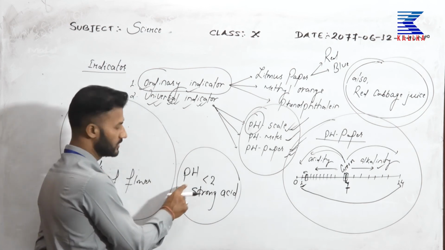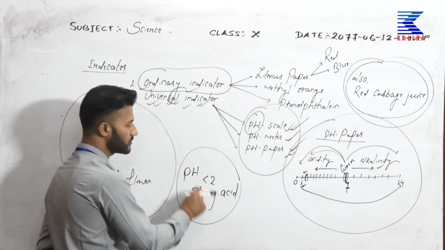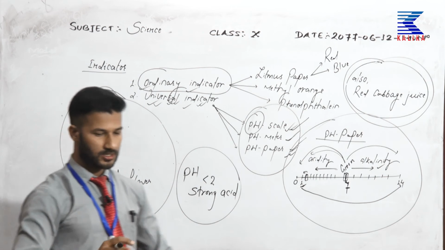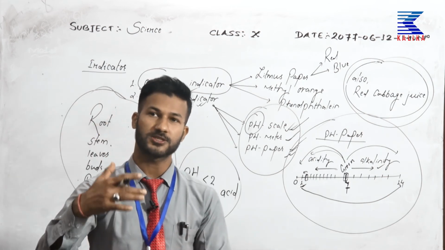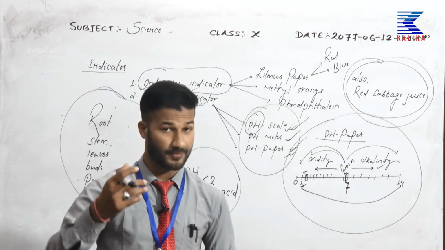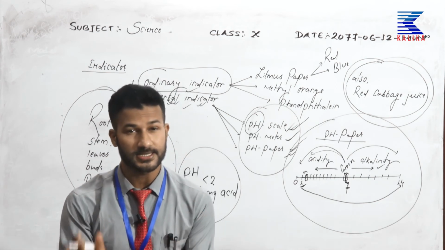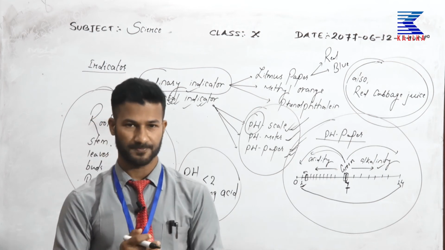Look, some chemicals with pH less than 2 are strong acid, but if given chemicals have pH more than 2, meaning 3, 4, 5 or 6, then they are acid, but they are weak acid.